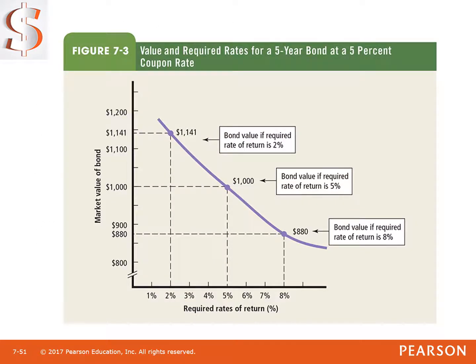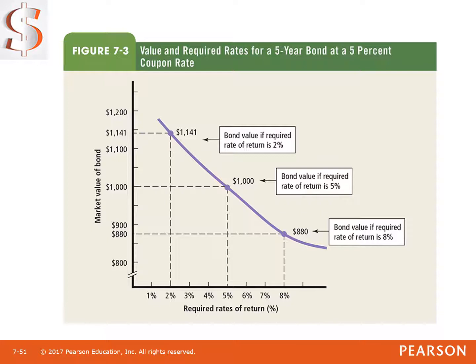And there's a great graphical depiction of what we just talked about. As the rate of return changes, the value of the bond is also changing, given a constant coupon rate. So here's a 5-year bond at a 5% coupon rate. And you could run these calculations through your calculator.